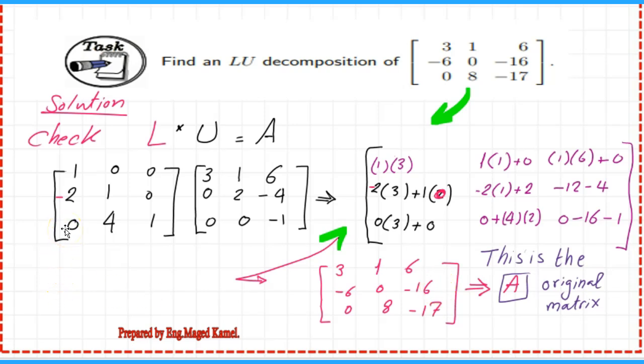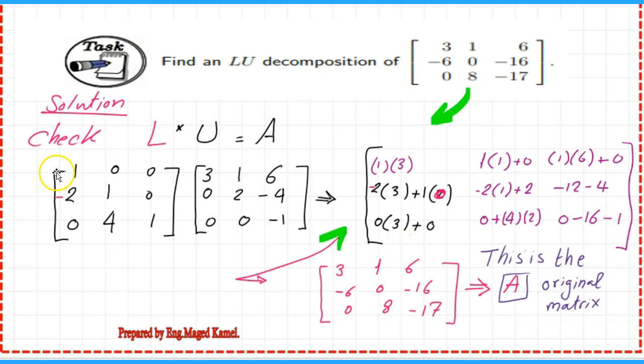This 0, 4, 1. 0 is normal in the identity matrix, this is 0 and this is 0. So we have a 0. This 4 is nothing but multiplying R2 by 4 and adding to R3. So 4 by 2 is 8, add to 0 is 8. And 4 by minus 4 is minus 4. Minus 16, minus 1, 7.